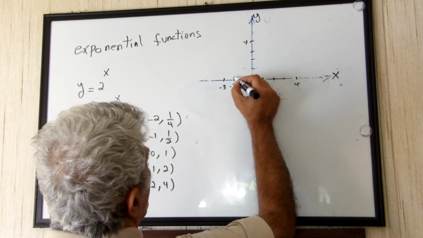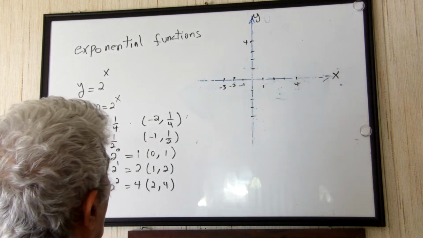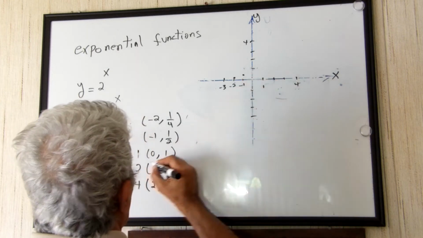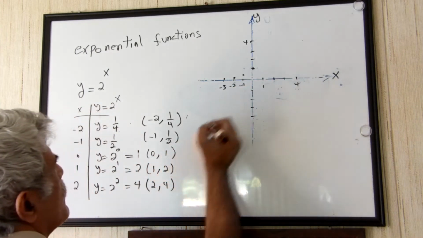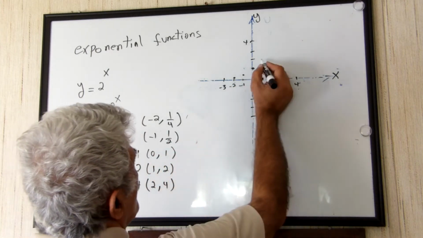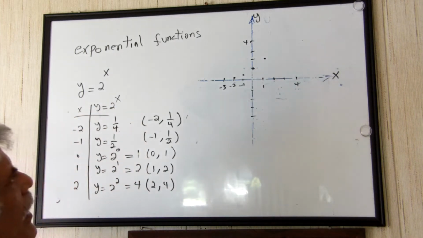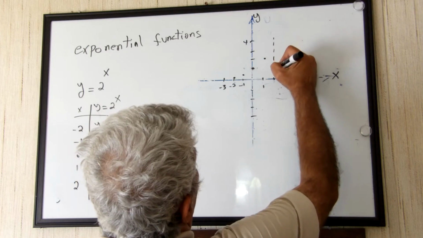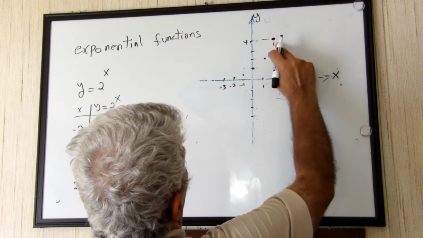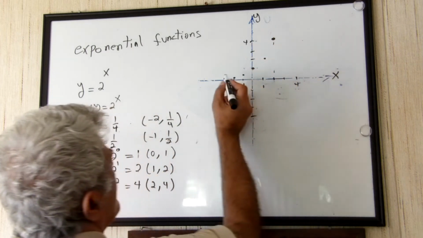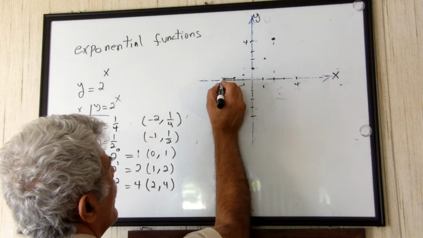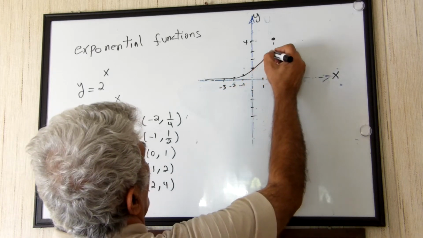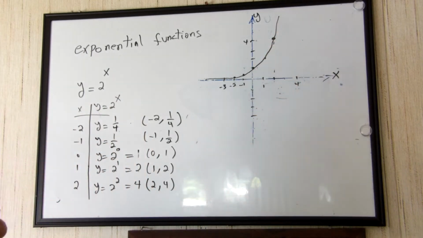The second point, -1, 1/2, is going to be here. And 0, 1 is going to be here. Then x is 1, y is 2 is going to be there, and 2, 4 is going to be here. So we connect these points. It's going to be like this.